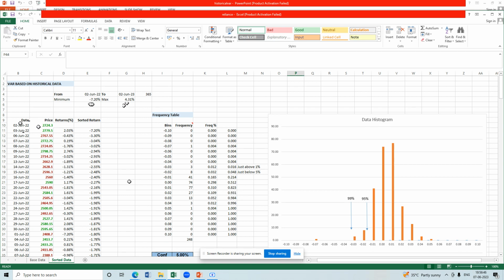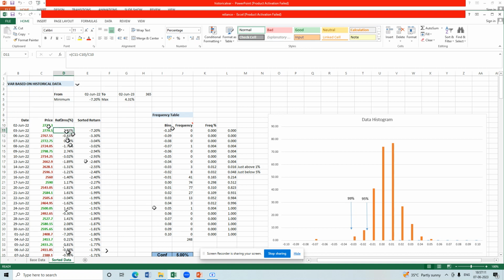So this is the date, and this is the price, which is the closing price which I've got. So return is calculated this way. It is today's price minus the previous day's divided by the previous day's price. So that gives me 2.03%. Copy the formula all the way down. And then, having done that, you sort these values in ascending order.